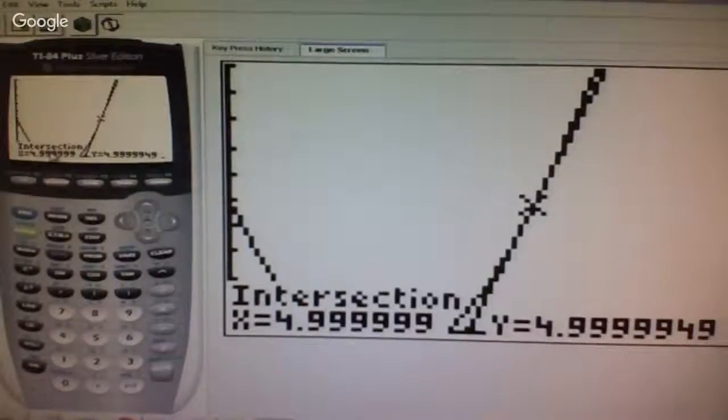Everything inside that box is going to zoom in, so you want to go clear to the top so you can see all of that. So it's 5 and 5. Mine came up 4.999999 and 4.999999. It's 5. Okay, your answer is 5. Good. So now you would do second intersection or second trace to find your intersection.